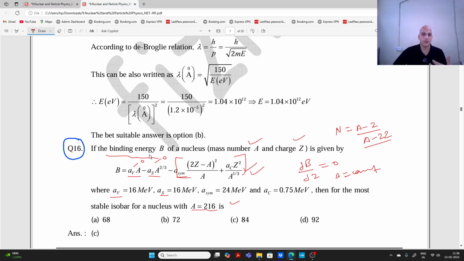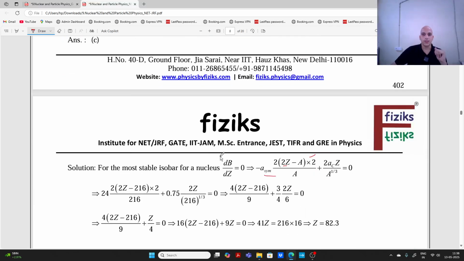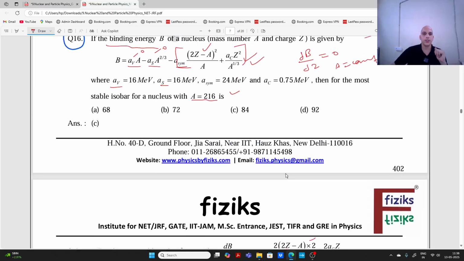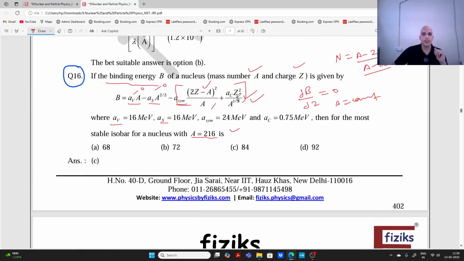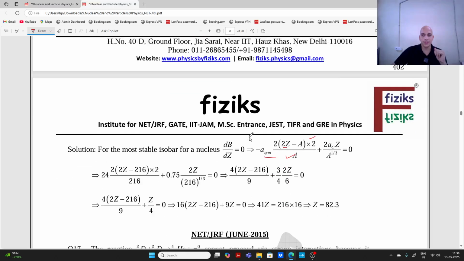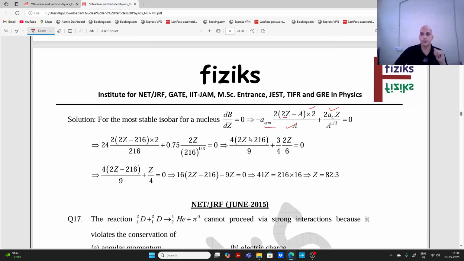They have put the value of Z instead, so you can change this in this way, but you will get the same result. So it will become this divided by A. Then when you take the differentiation, 2Z a_c upon A to the power 1/3. Now it should be equal to 0.